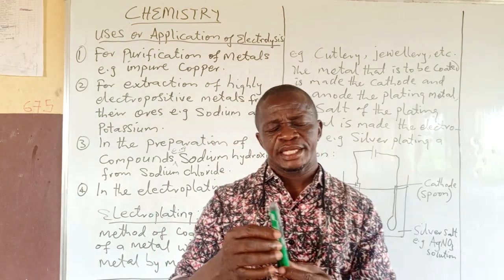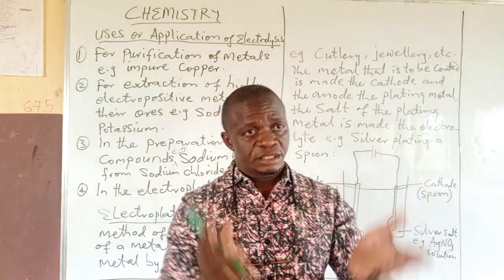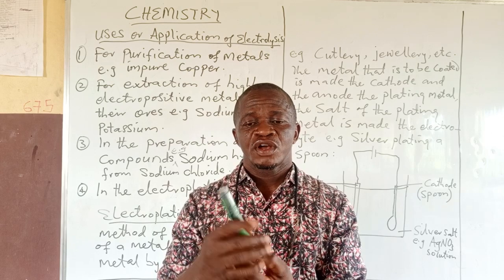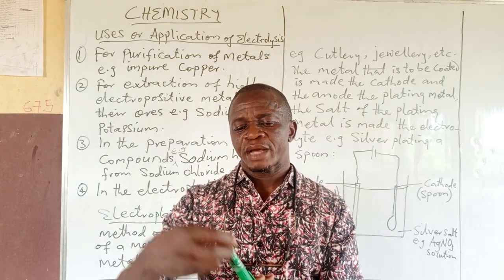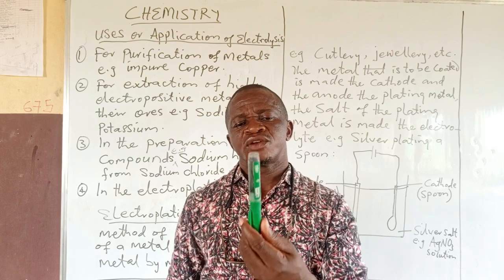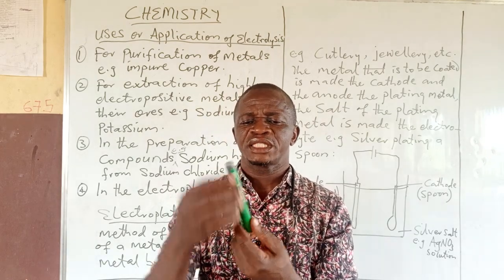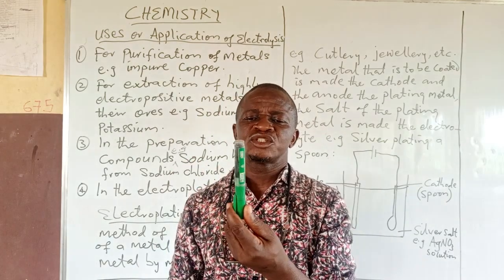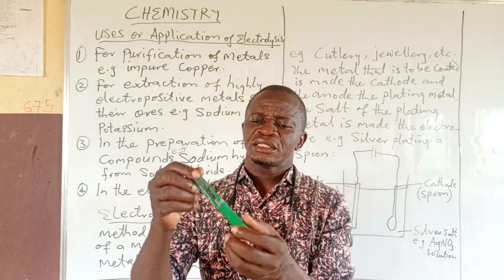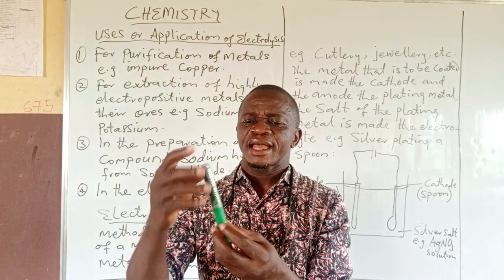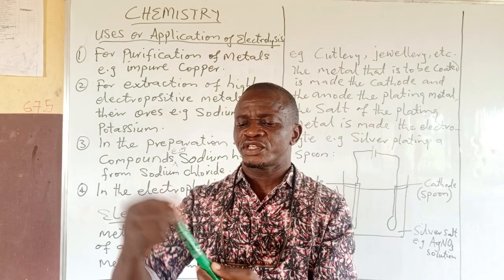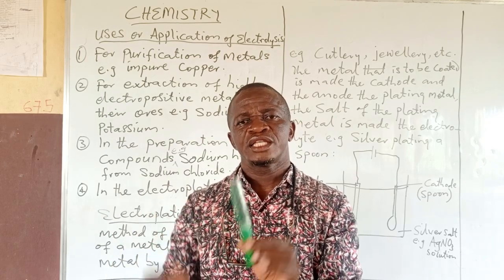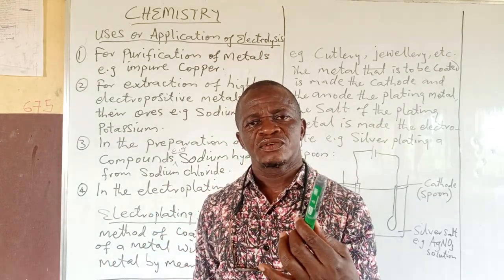Electroplating is a way of using a metal to coat on another metal. Assuming this is a metal and I don't like the way it appears, I can use another metal to coat on it, very light surface, cover it, and then it looks attractive.